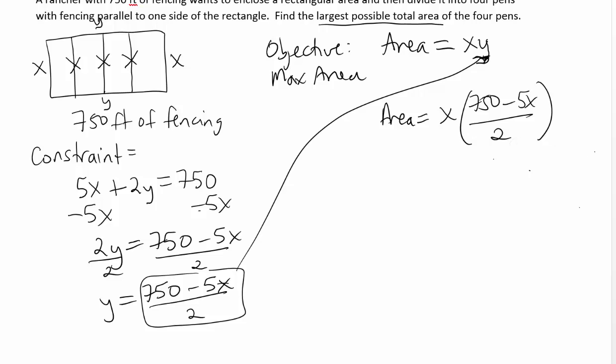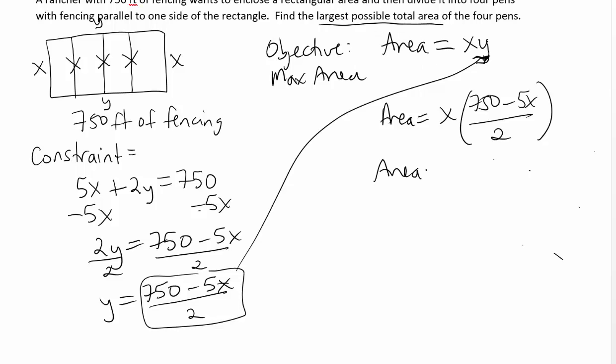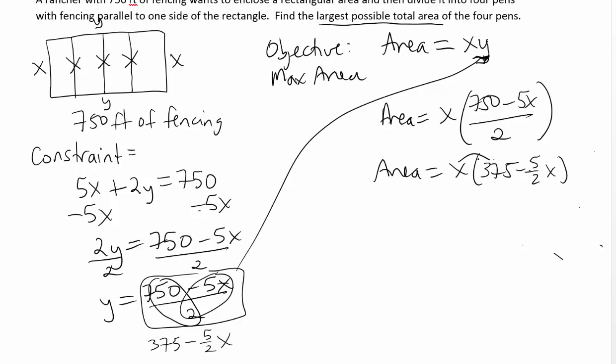Okay, so now let's just clean it up a little bit. So I might rewrite this. You could do 750 over 2 and 5x over 2. So that's like 375 minus 5 halves x. So if I rewrite it in that form, it makes it a little easier to distribute my x out front.